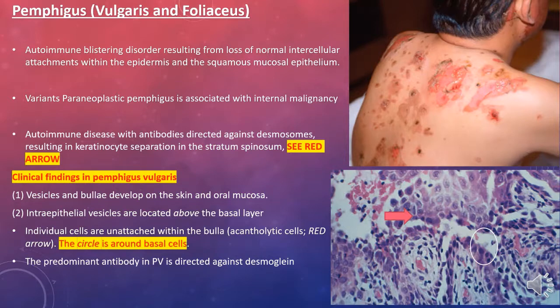If the cells are unattached within the bulla due to antibodies against the desmosome, there are acantholytic cells, which are mentioned by the arrow. That means non-cohesive cells spread dispersely. This should be noted in the image as well, highlighted at the pointed arrow.